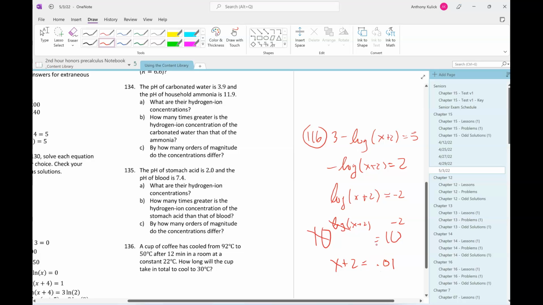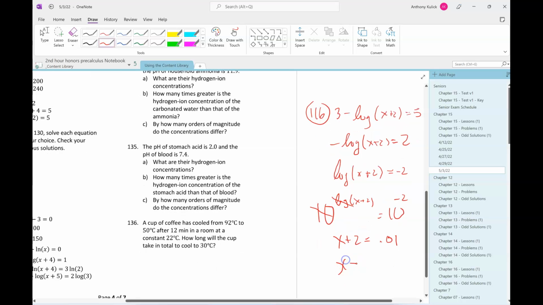So 10 to the negative 2 is 1 over 100, or 0.01. And then we just subtract 2 from both sides. And if you go back and check that, if I plug that in for x, I get a positive number inside the logarithm, so that should be good.